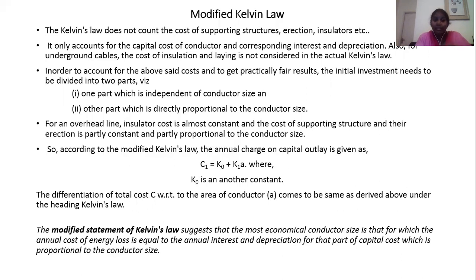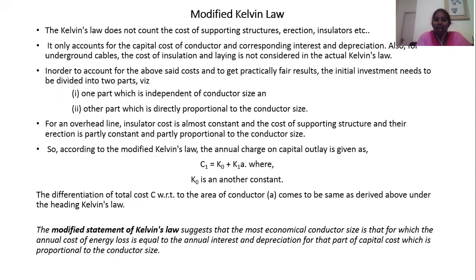So for an overhead transmission line, apart from the supporting structure erection cost, insulation cost is a major item. For a particular voltage, the insulation cost will be almost constant. And the cost of the supporting structure and the erection is partly constant and partly proportional to the conductor size.